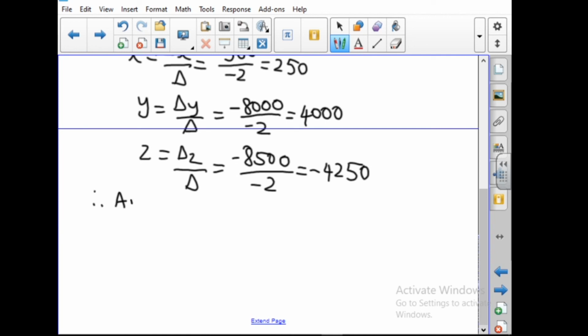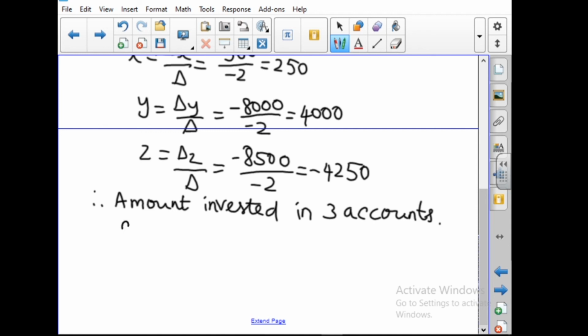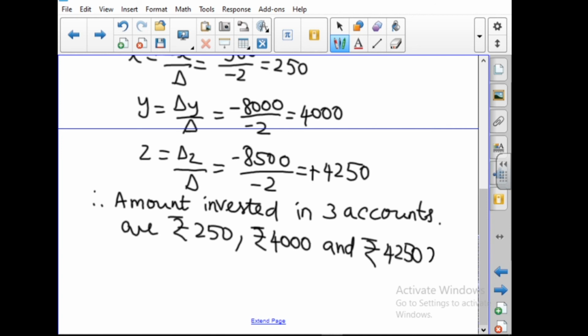Therefore, the amounts invested in the 3 accounts with the interest 2%, 3% and 6% are rupees 250, rupees 4,000 and rupees 4,250 respectively.